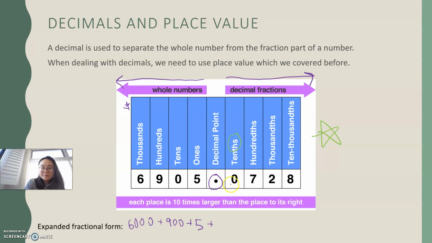Again, I can skip the 0. The 7 is in the hundredths place, so that's 7 over 100. The 2 is in the thousandths place, so that's 2 over 1,000. And my 8 is in the 10,000ths place. So it's expanded fractional form.